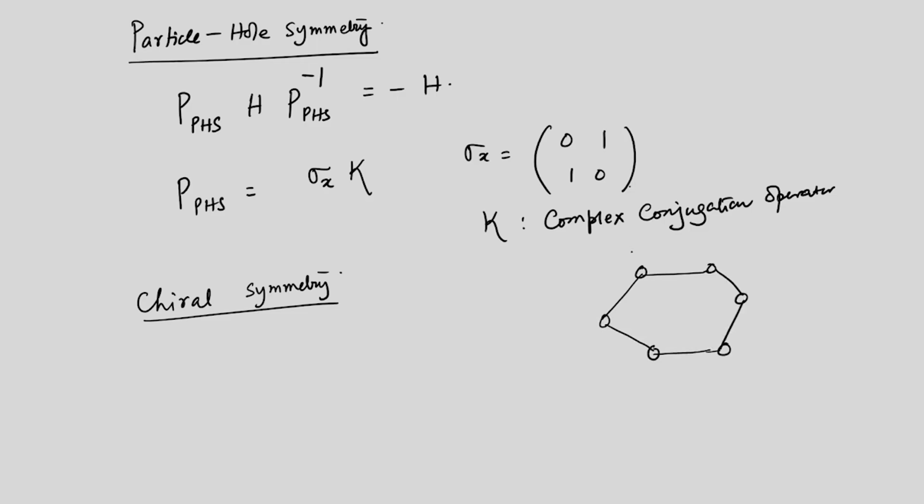It's a honeycomb lattice, and there are two atoms per unit cell, and both the atoms we name as A and B, but both the atoms are carbon.